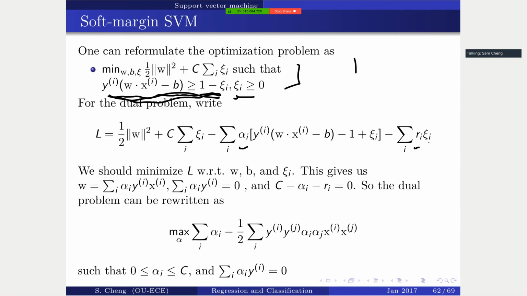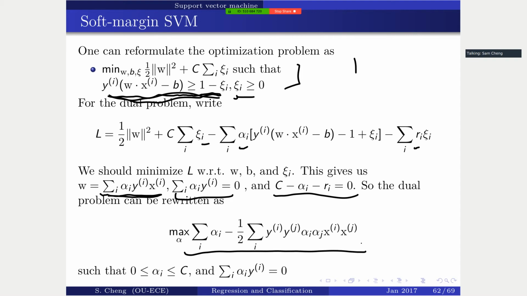If you solve that, taking the gradient of L with respect to W, you get basically the same equation as before: W equals this. If you take the gradient with respect to B, you get this one, again very similar to previously. If you take the gradient with respect to xi i, you have this one here. Then you substitute this back, and you get this one.